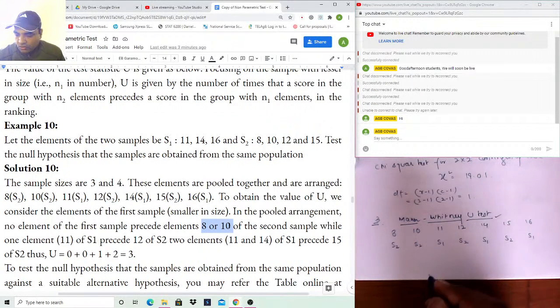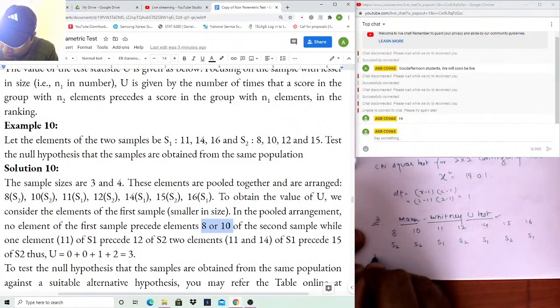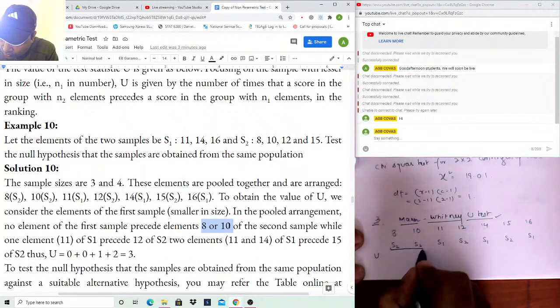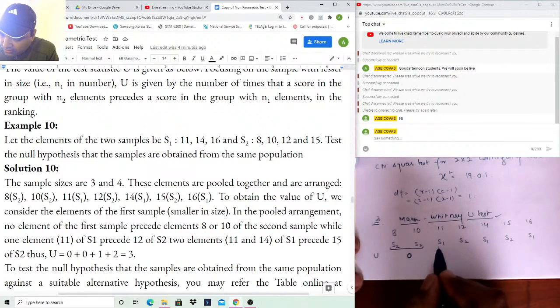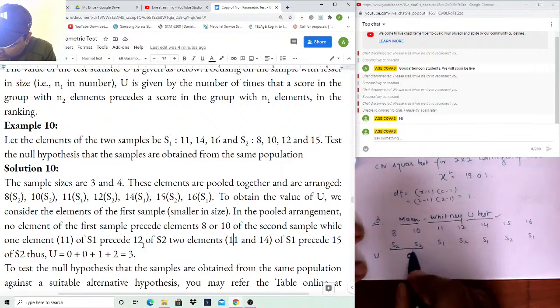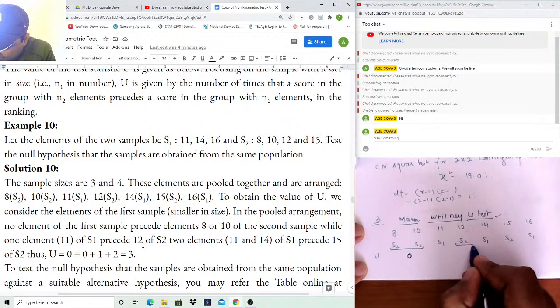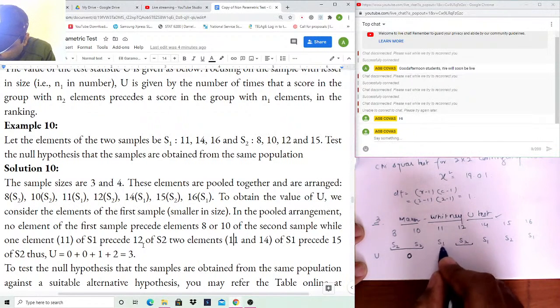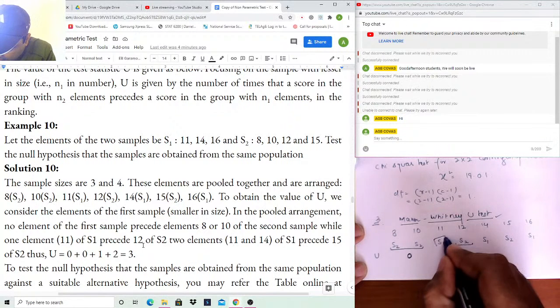So for these, the U value will be 0, right? Now, of the second sample, element 11 of S1 precedes 12. So then we go to the next S2 element, and here we have one sample.